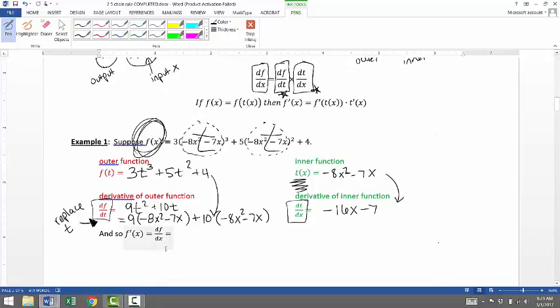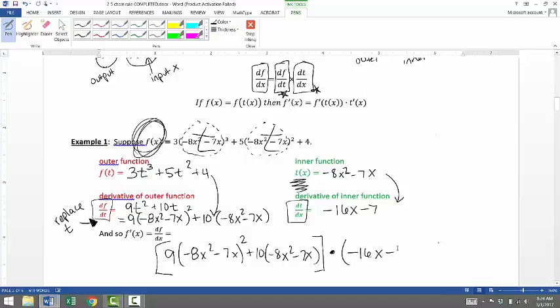We're going to take df dt, so we have 9 times negative 8x squared minus 7x squared plus 10 times negative 8x squared minus 7x. That's 9t squared plus 10t. We're going to take all of that entire function, times dt dx, which is negative 16x minus 7.